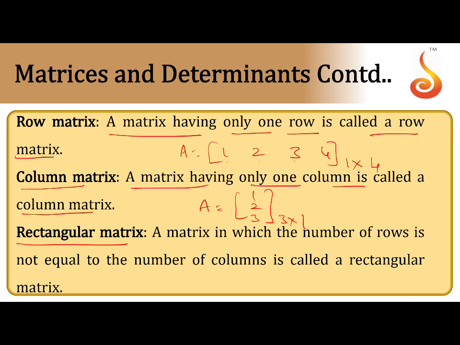Next, rectangular matrix. A matrix in which the number of rows is not equal to the number of columns is called a rectangular matrix. Look at both examples: both are rectangular matrices, since the number of rows is not equal to the number of columns.